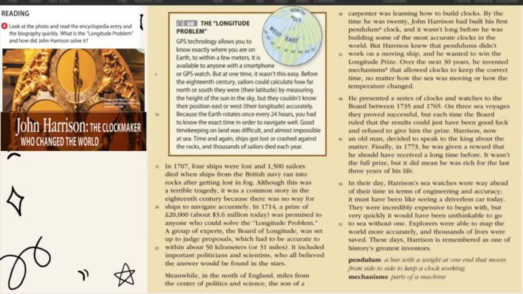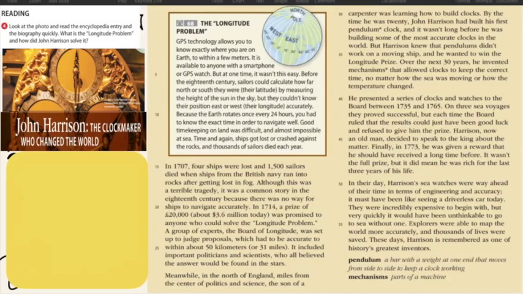Well, guys, now that we have listened to the text, let's see. It says, what is the longitude problem and how did John Harrison solve it? Well, you don't have to write this answer. It's just for you to review what the text is about.